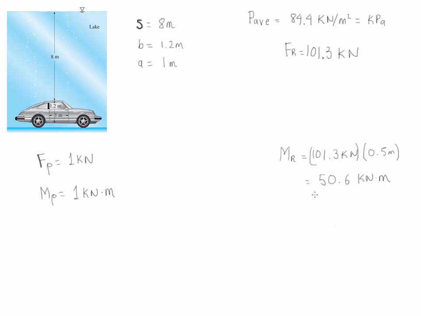Therefore, unfortunately, the person will not be able to open the door when the car is located at this particular depth. The greater the depth, the higher the force that is created by the water. If the car were higher, there would be a possibility that the person might be able to open the door, since the amount of force would also be reduced.